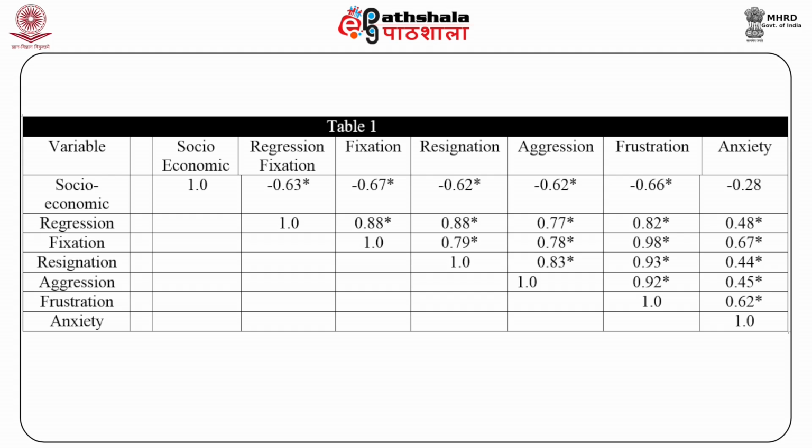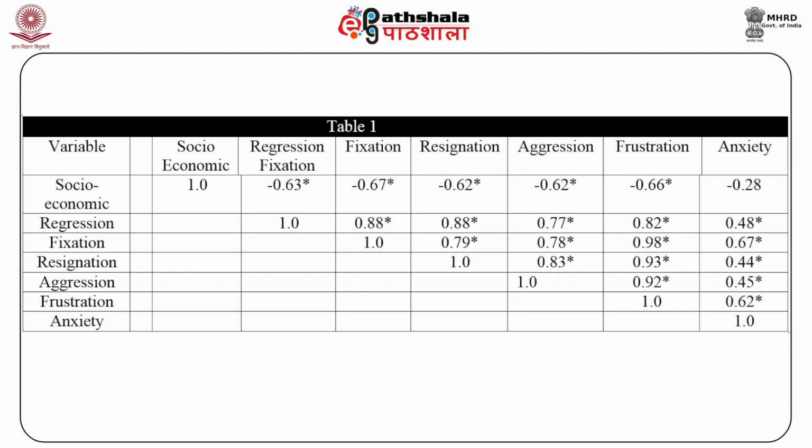The correlation values are 1, minus 0.63, which was a significant value, minus 0.67, a significant value, minus 0.62, a significant value, minus 0.62, a significant value, minus 0.66, a significant value, and minus 0.28. For regression, 1.0, 0.88, 0.88, 0.77, 0.82 and 0.48, all significant values.